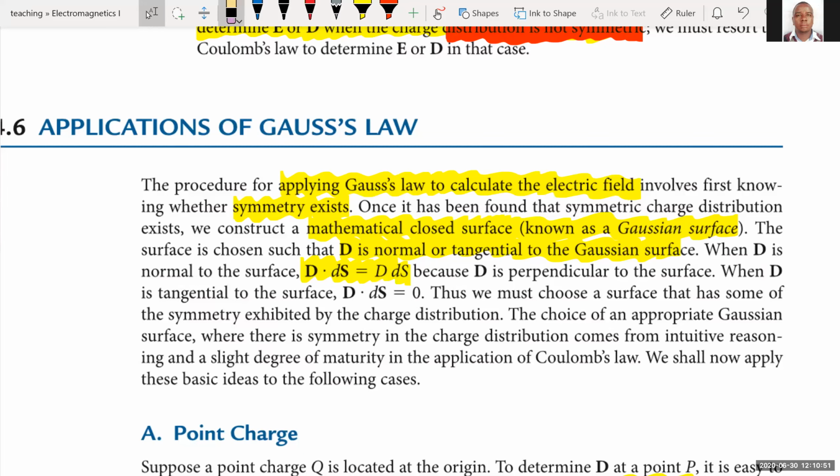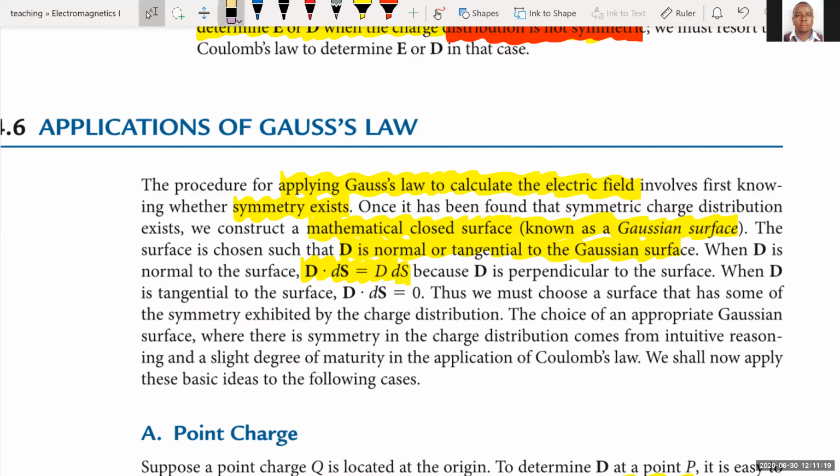So we must always have symmetry existing before we apply Gauss law. Now, once it has been found that a symmetric charge distribution exists, we construct a mathematical closed surface, which is called the Gaussian surface. Then the surface is chosen such that D is normal or tangential to the Gaussian surface.